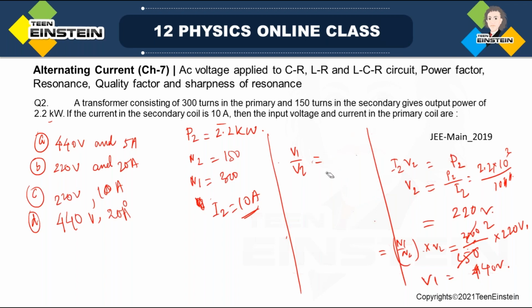V1 and V2 are known. I have to find out I1. I1 will be V2 by V1 times I2.